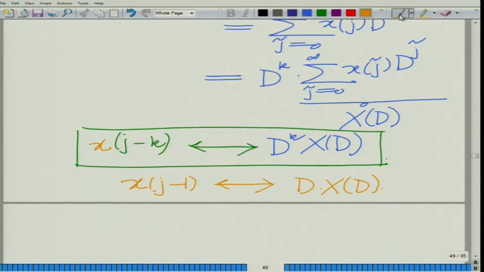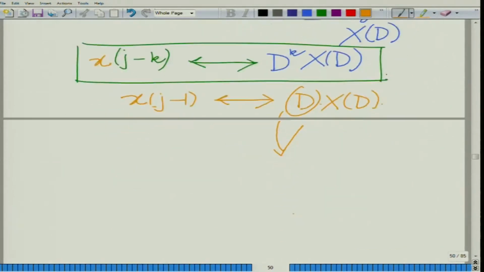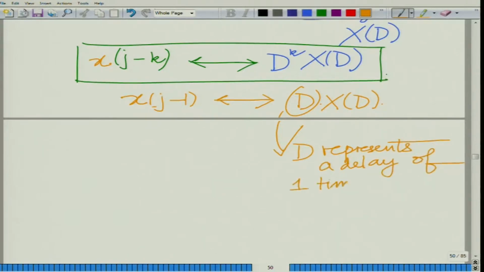That is what you can say, this D represents a delay of 1 time instant. Okay. Now let us go back to our convolutional code.